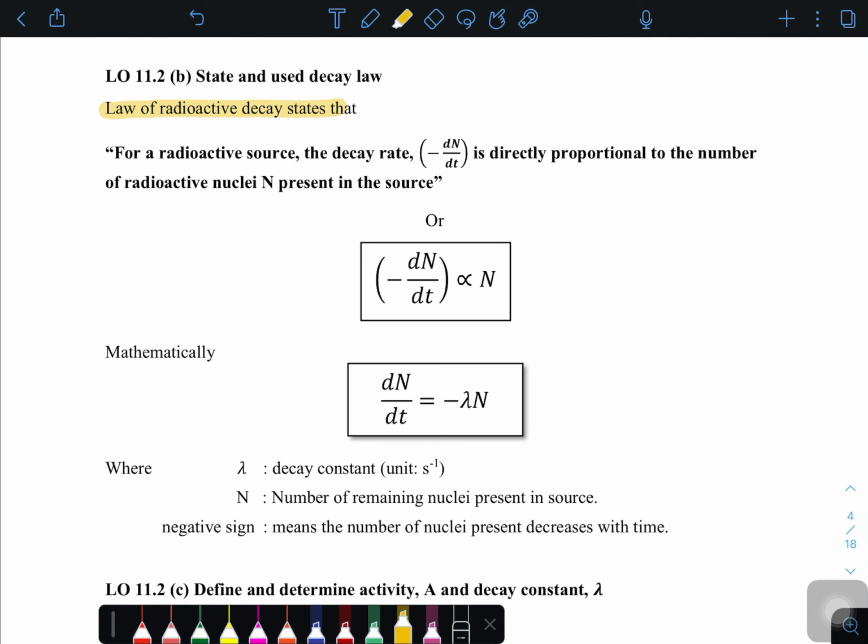The law of radioactive decay states that for a radioactive source, the decay rate, which is negative dN over dt, is directly proportional to the number of radioactive nuclei present in the source.